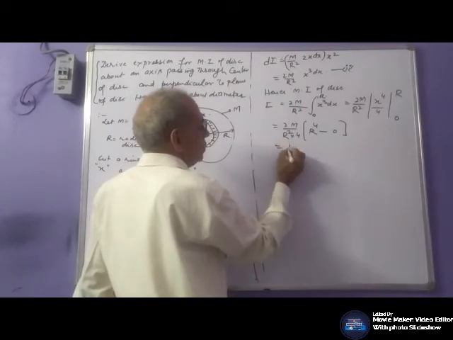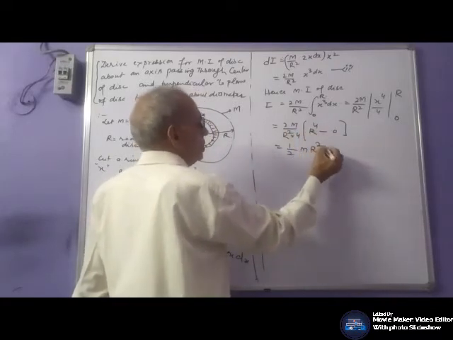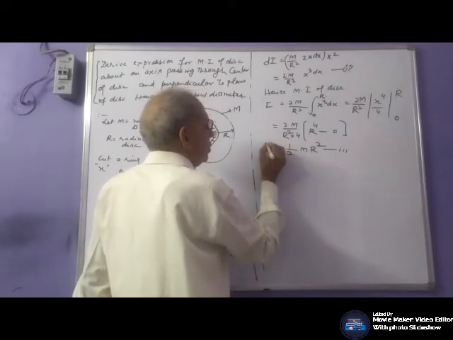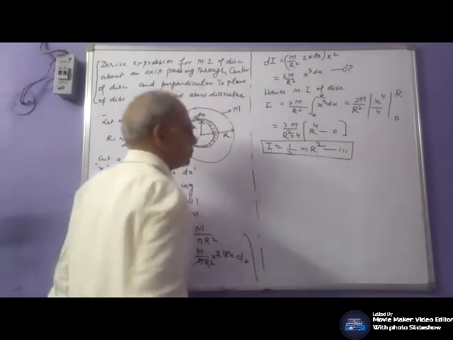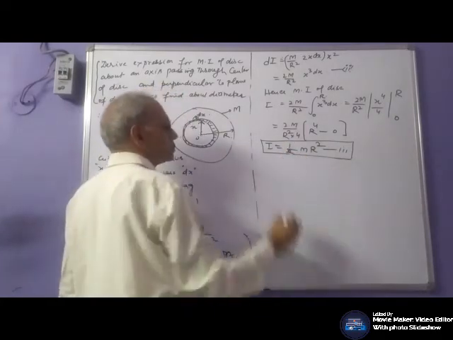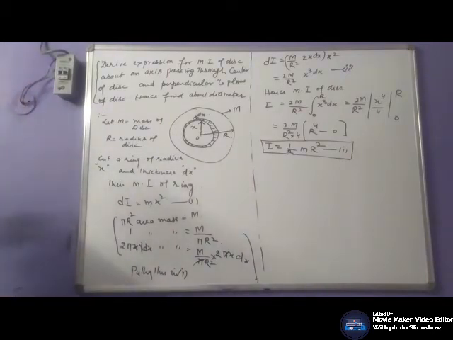So it comes out to be 1 by 2 m r square. This is what the moment of inertia of disk is. It is half of that of ring.